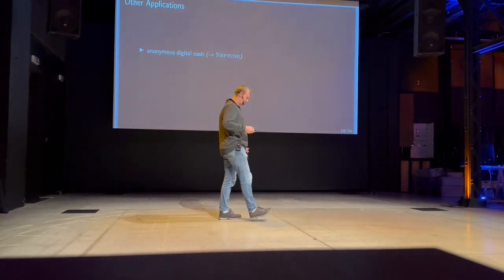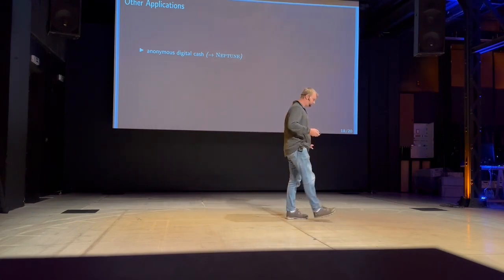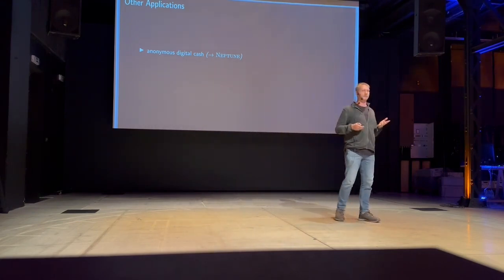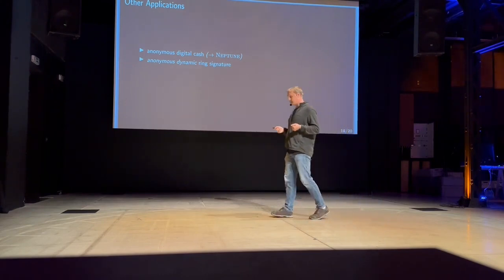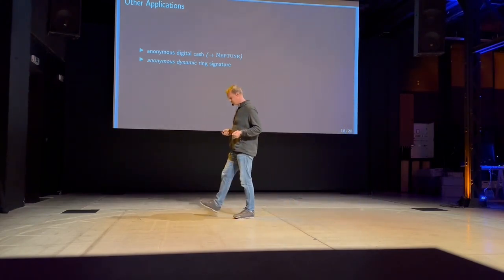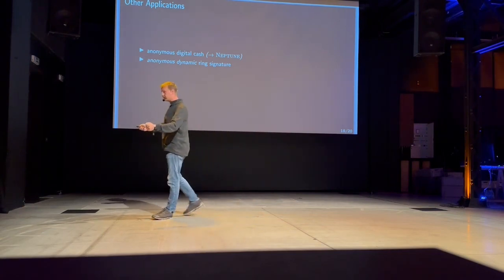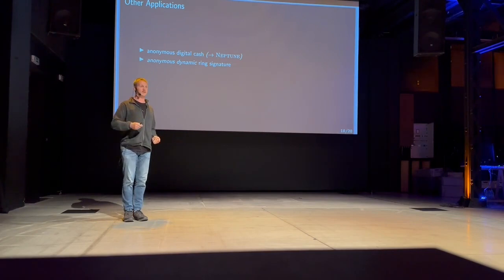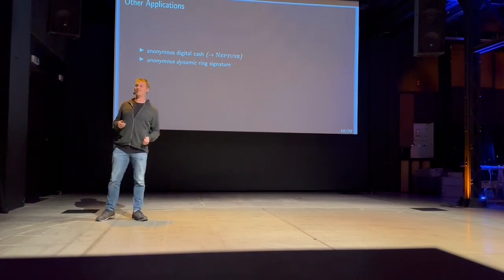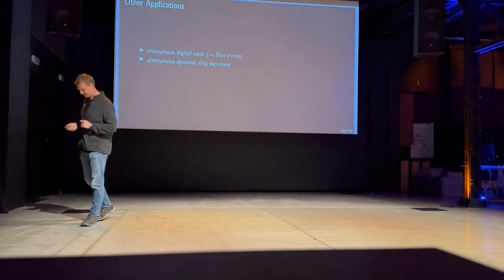Beyond using this for digital cash, which is what Neptune does, you can use mutator sets for other things. And I came up with a couple of examples here. You can use it for an anonymous dynamic ring signature. So a ring signature is where we take a bunch of public keys and produce a signature that is valid under one of those public keys, but I'm not telling you which.